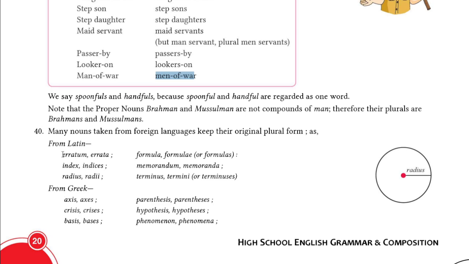For example, from Latin, English has borrowed these two forms, erratum, errata, index, indices, radius, radii. Both of these nouns, singular as well as plural, have been borrowed from the Latin.